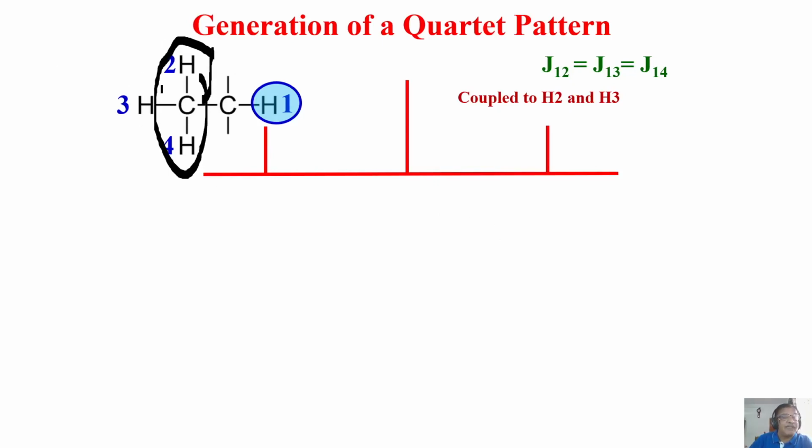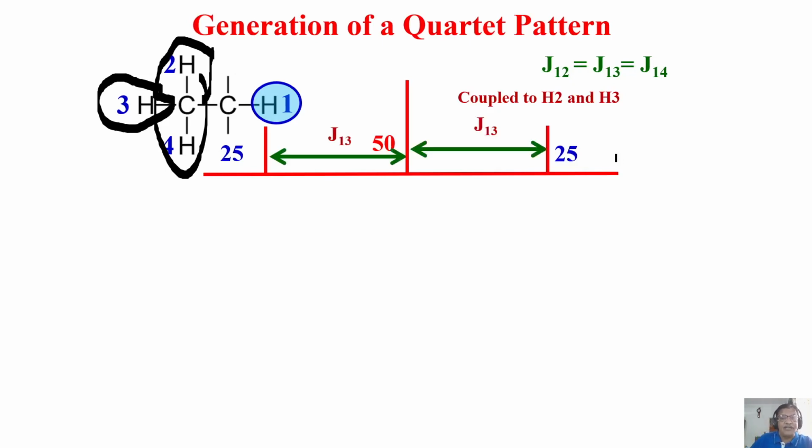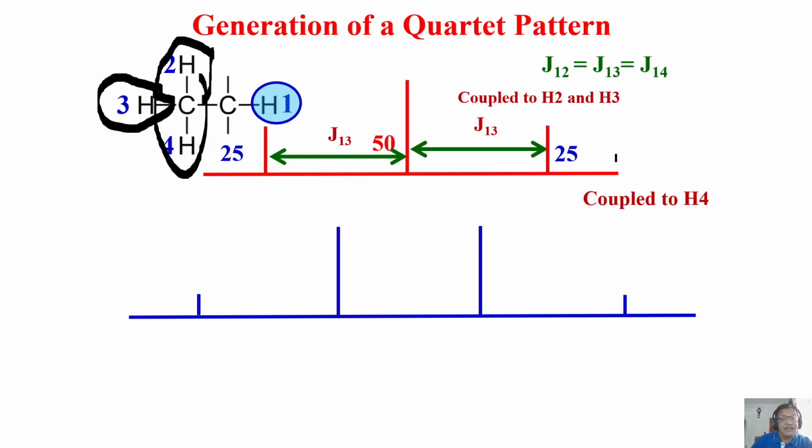We will see what happens when it is coupled to a third spin of equal strength. This was the intensity ratio when CH2 is coupled to CH, 1:2:1, 25, 50, 25. Now, when it is coupled to this proton, we have to see that each of them will split into a doublet.